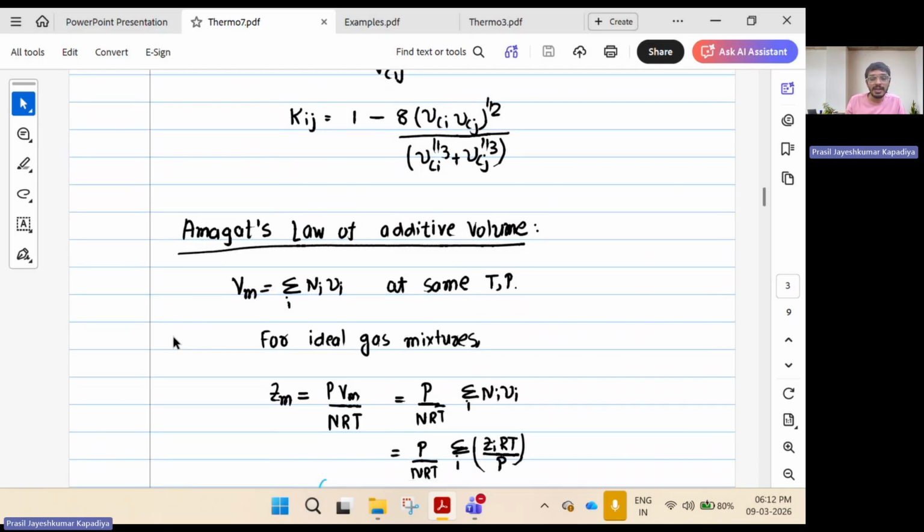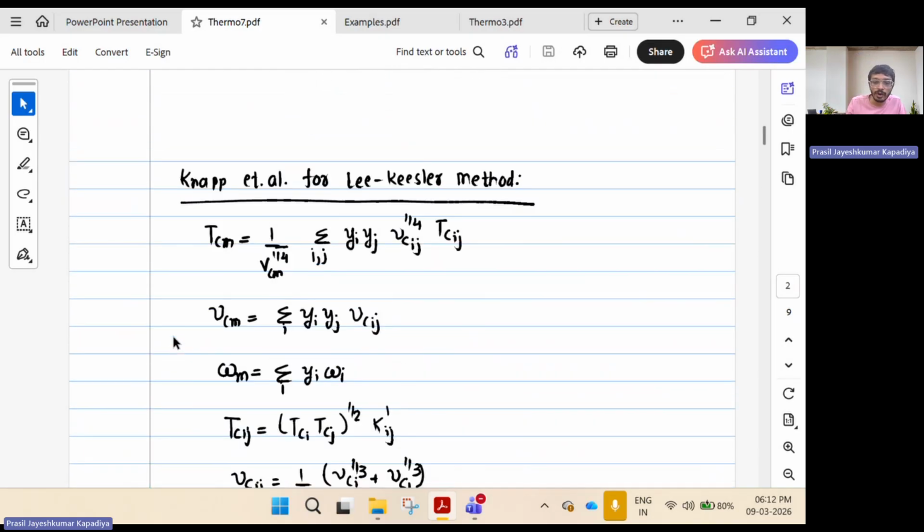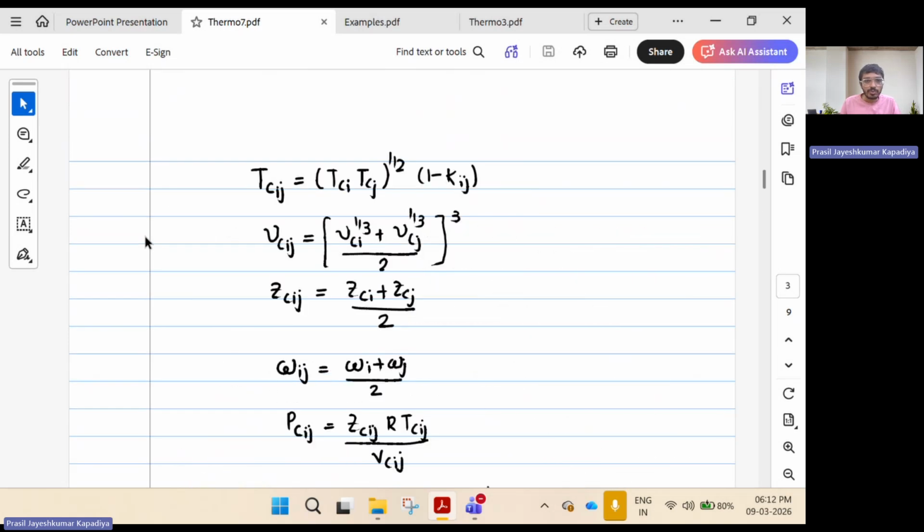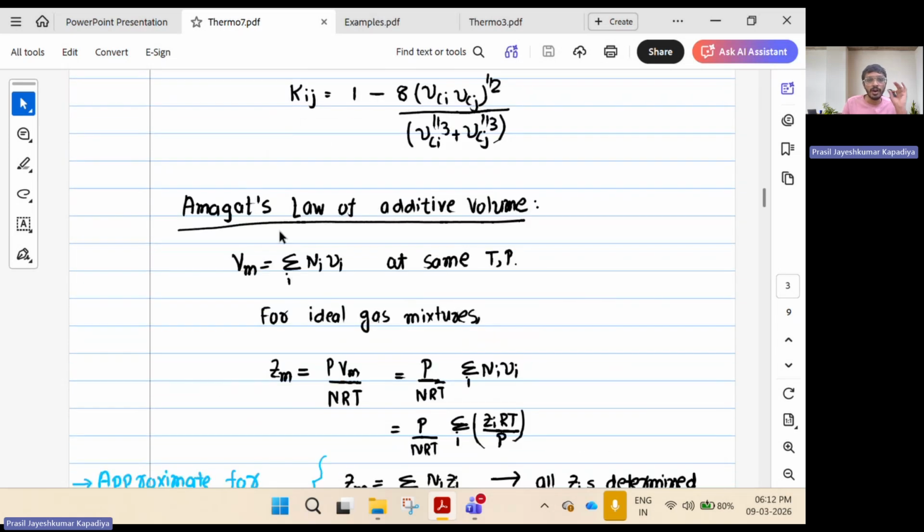Now, when we are dealing with mixing, there is a very important term we have missed. We have already seen how to find am, bm, Tc mixture, and Pc mixture. So we are left with how to find the mixture volume. For mixture volume, there is one law, Amagat's law of additive volume.